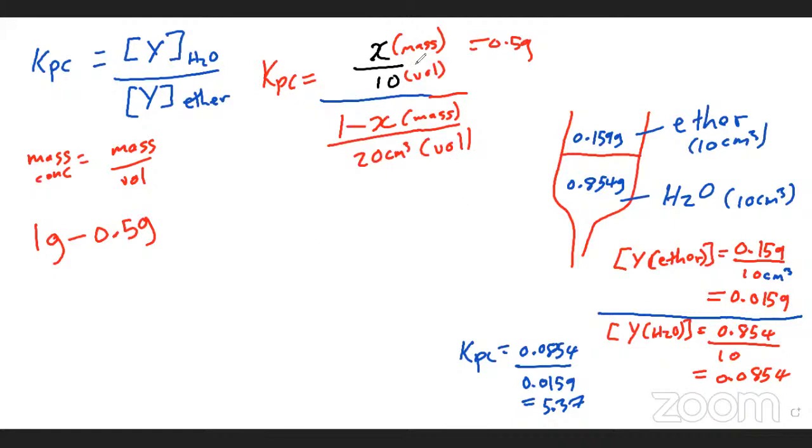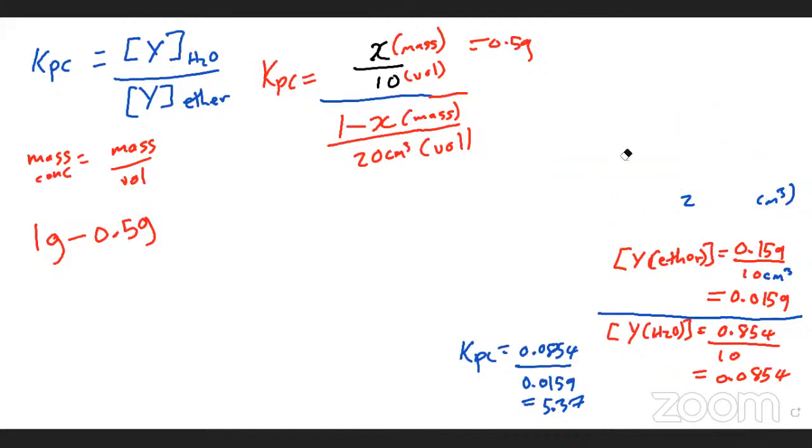All right, so let us make this a little simpler now. What I want you to do is not pay attention to KPC as yet. So what do we have here? We have X over 10, right? So I want you to do it like this, or if you have an easier way, no problem.